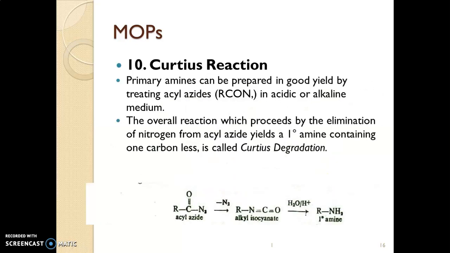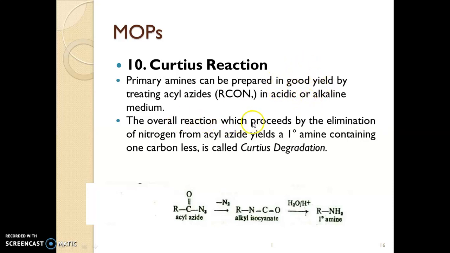Okay, so next reaction is Curtius reaction. In this reaction our main aim is production of primary amine with the help of acyl azide. Acyl azide means the formula having RCON3. So this acyl azide in the acidic or alkaline medium gives us good yield of primary amine.